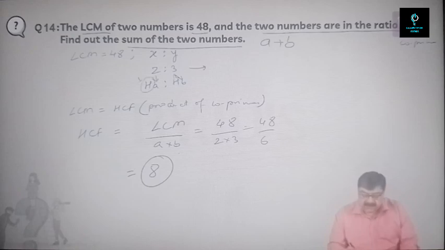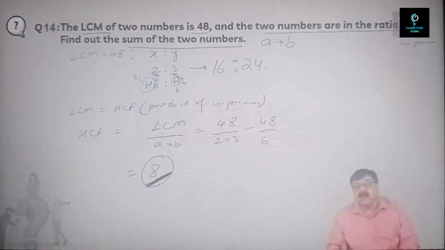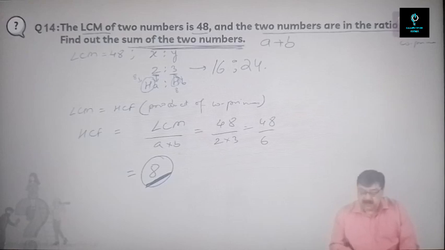So the value of HCF here is 8. Here also it is 8. A and B are 2 and 3. So the two numbers actually are 8 into 2, that is 16, and 8 into 3, that is 24. And 16 and 24 have their HCF as 8 because both these numbers are divisible by 8. So now sum of the two numbers shall be 16 plus 24, that is 40.